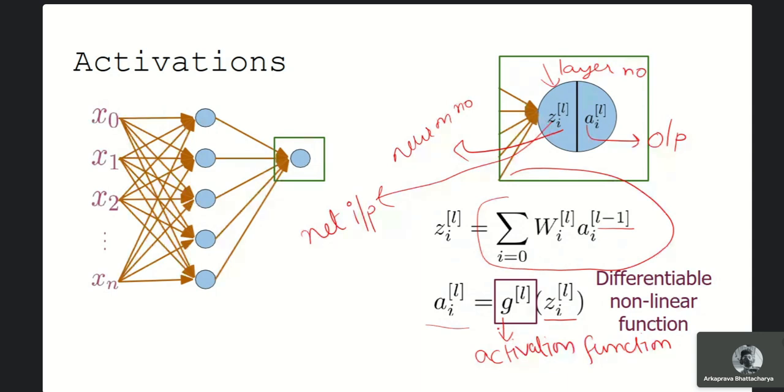If it is linear, we will simply reduce to a linear regression task, which we will see in the next slide. So an activation function can be any mathematical function which is differentiable and non-linear in nature, so that we can model complex and non-linear inputs.